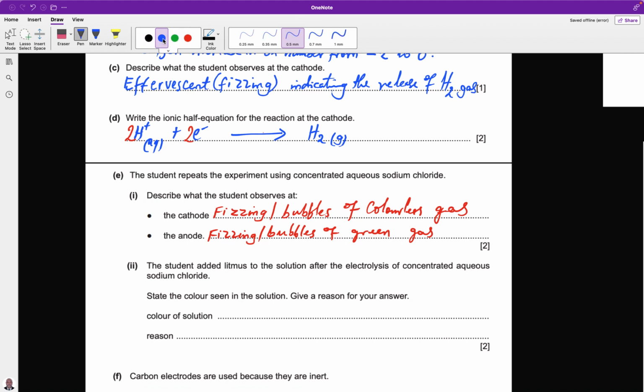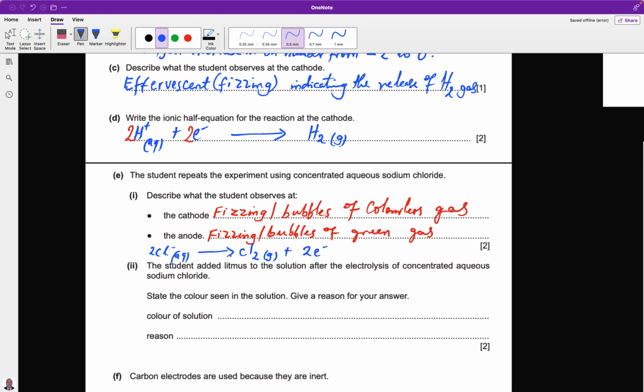For the purpose of revision, this is what is going to happen at the anode. It will be 2Cl⁻(aq) lost electrons, chlorine gas plus 2 electrons.